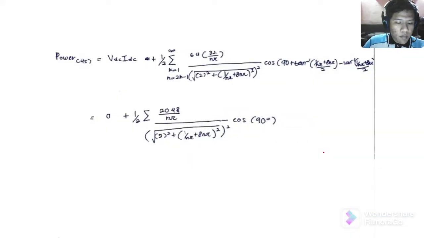Okay, so for power, we are using the formula power is equal to voltage DC times current DC plus 1 over 2 sum of Vn times In cos theta n minus phi n, where the value of theta n minus phi n we can simplify, and it will be 90 degree.